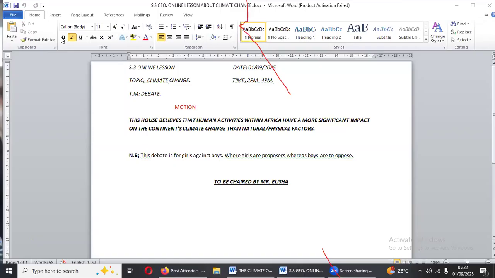Excuse me, sir. Yes, please. But you said the girls are noting for boys, and boys are noting for girls. Yes. So please, I expect everyone to note down all the points, then after we shall judge whether a point belongs to this side or the other side.